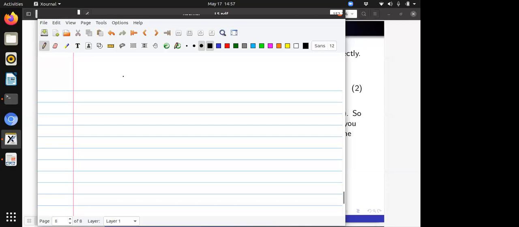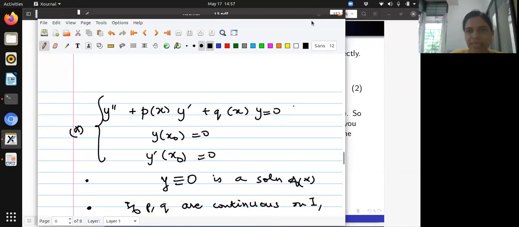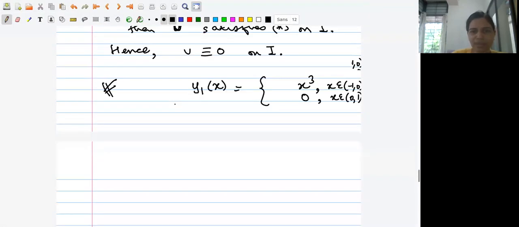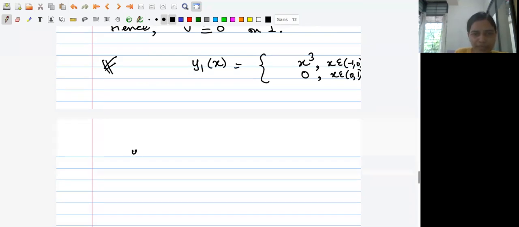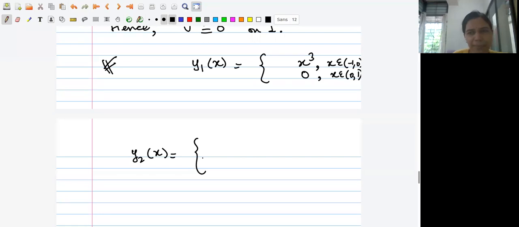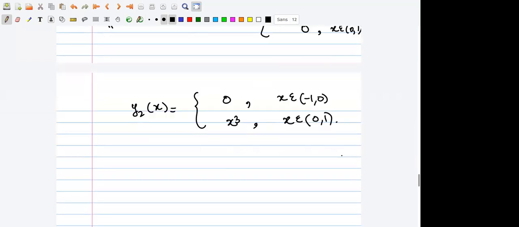There will be multiple bases anyway, but let's see if there's some other interesting solution. Okay, so the other solution is what? Can you please say that again? It is 0 when x is in -1 to 0, and x cube when it is 0 to 1. And y3 of x is x square everywhere.